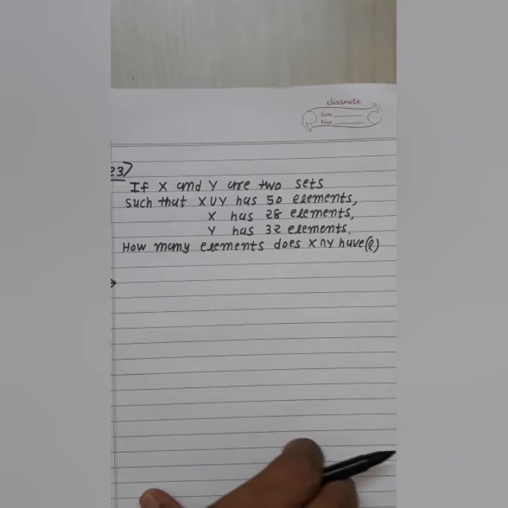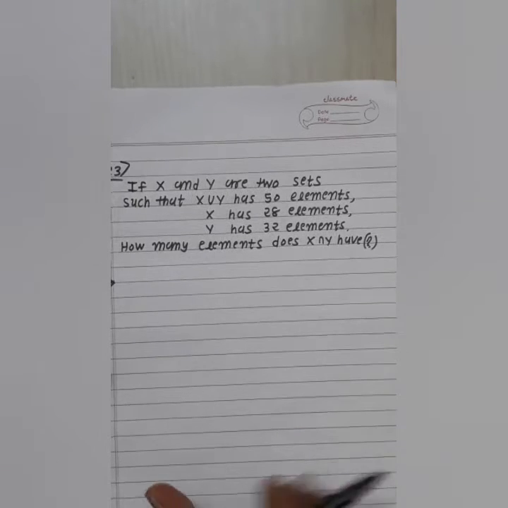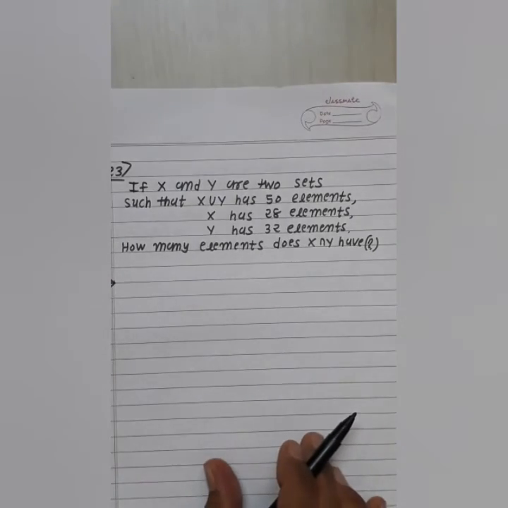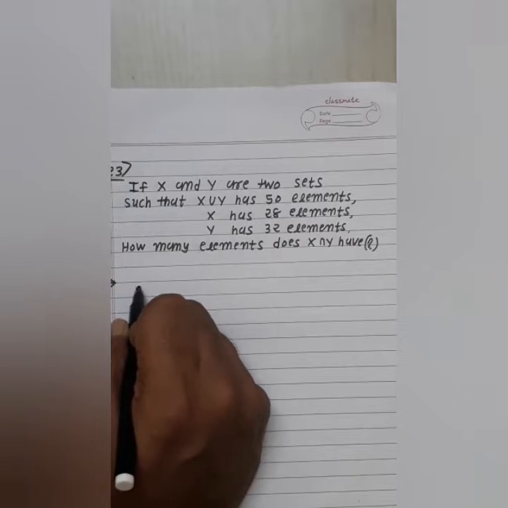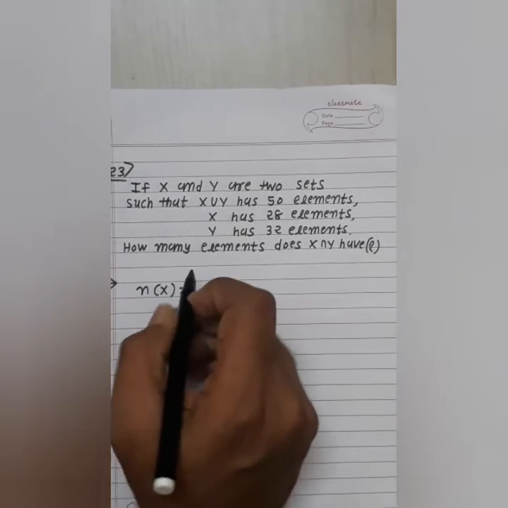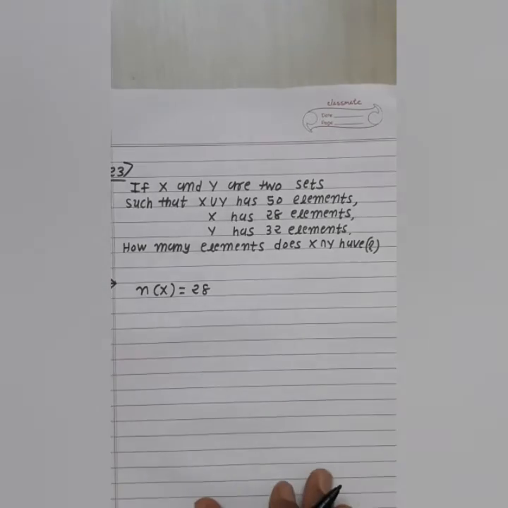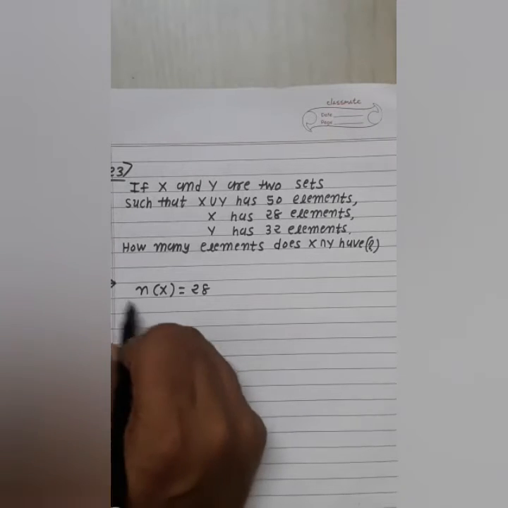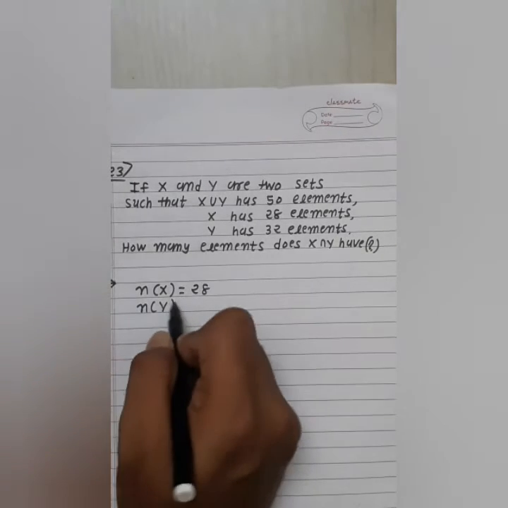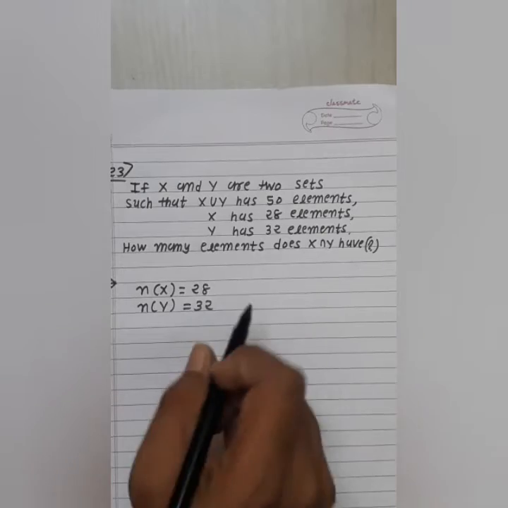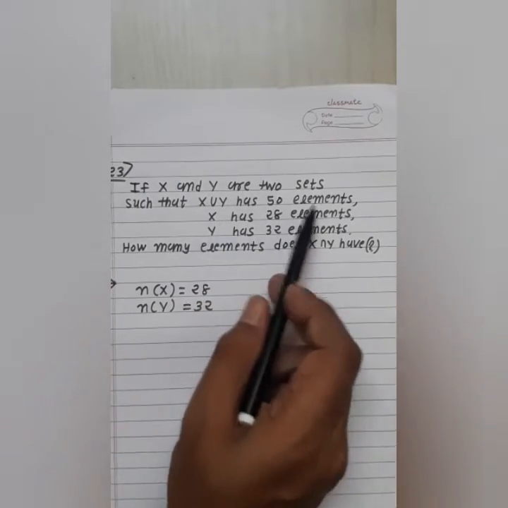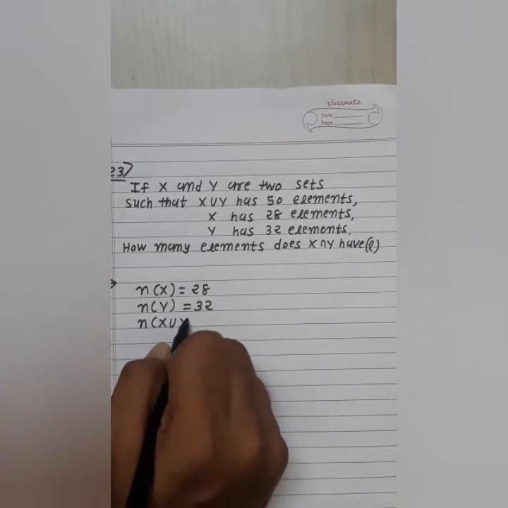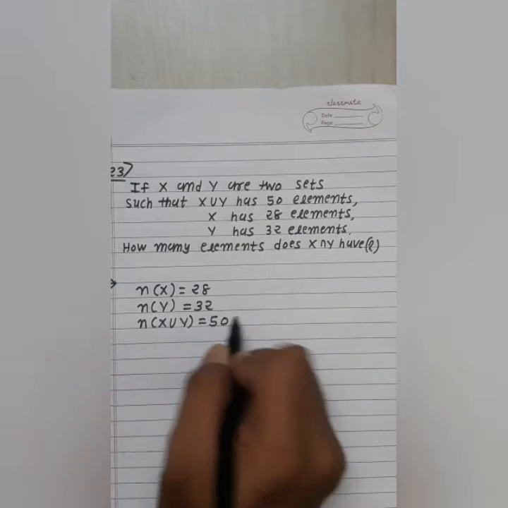So again the same method applies. First of all, x has 28 elements, so we can write n of x is equal to 28. y has 32 elements, so n of y is equal to 32, and x union y has 50 elements, so n of x union y is equal to 50.